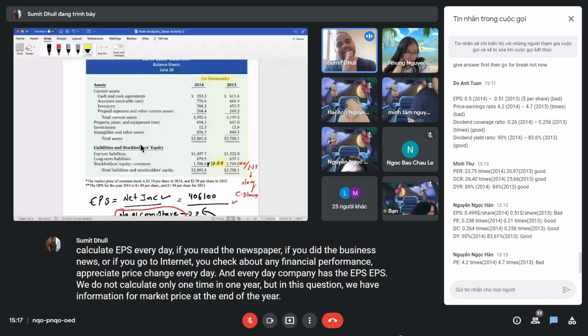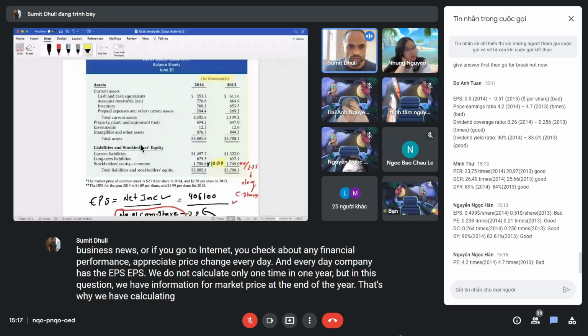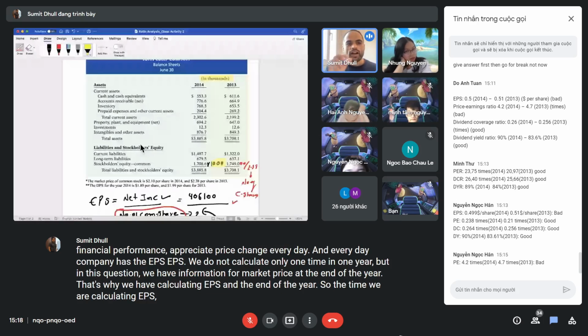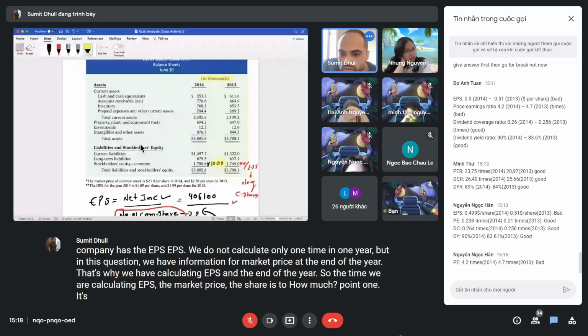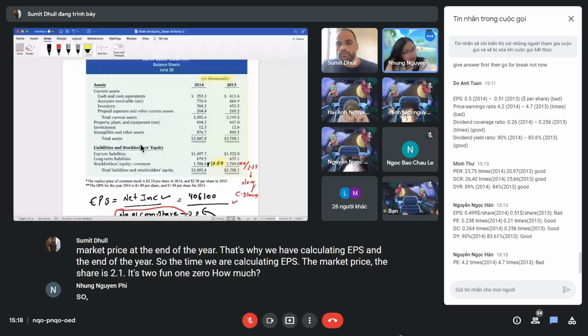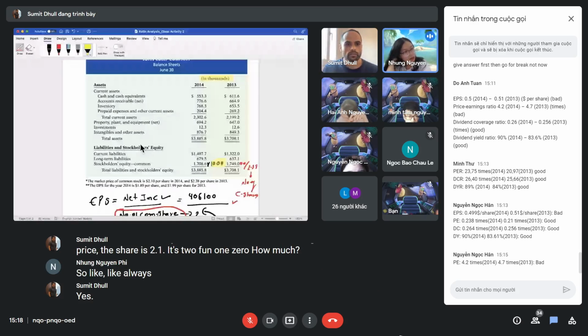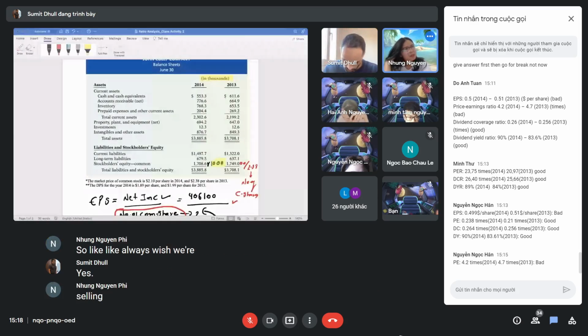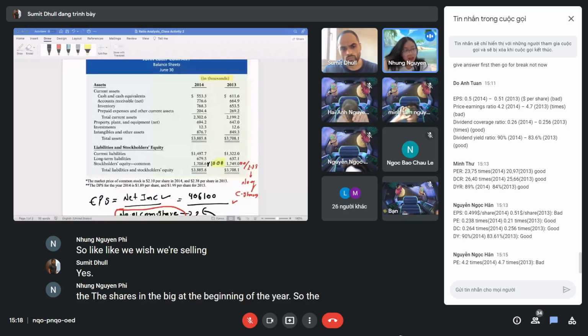So that's why we are calculating EPS at the end of the year. So are we selling the shares at the beginning of the year, so the price is different at the end of the year, right?